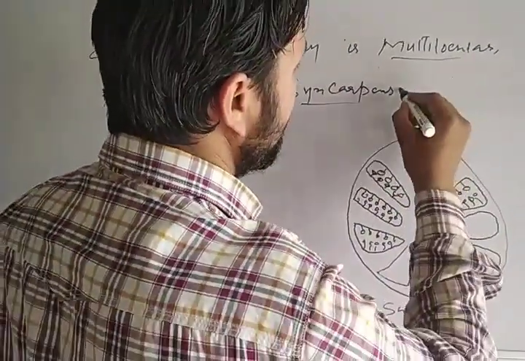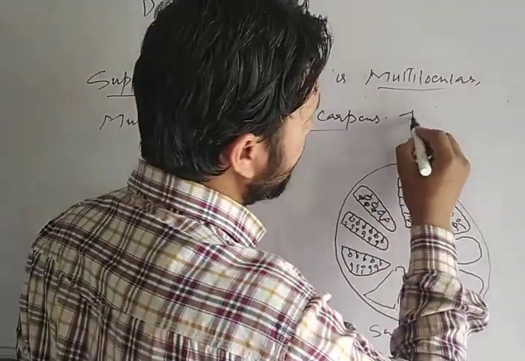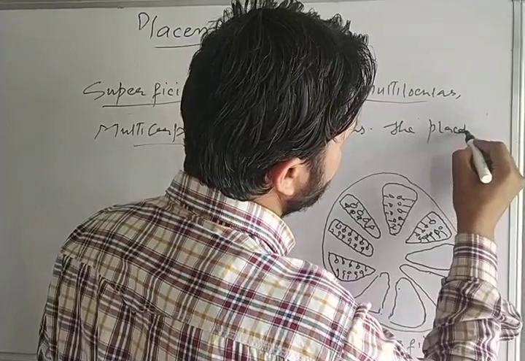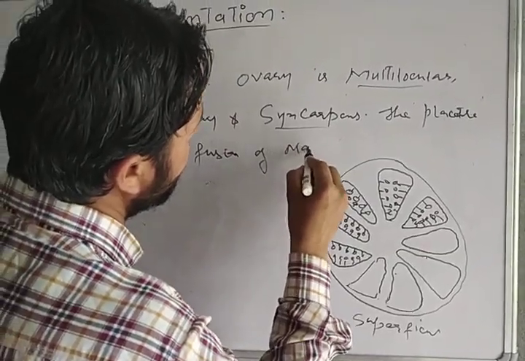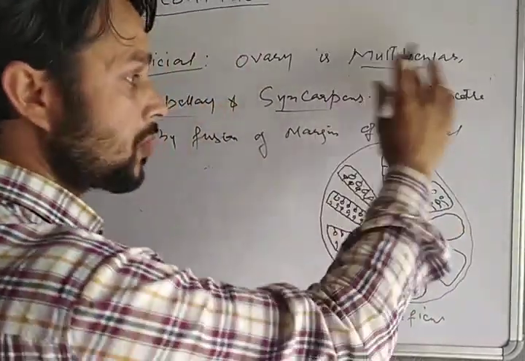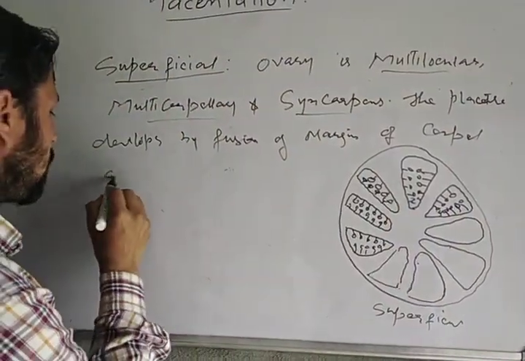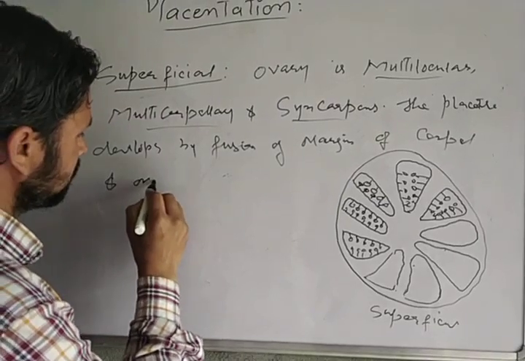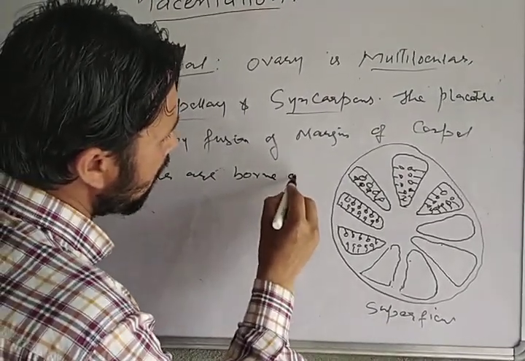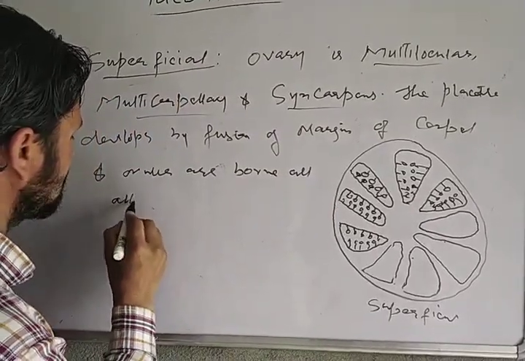Okay, so the placenta develops by fusion of margins of carpel, and ovules are borne all along the septa.